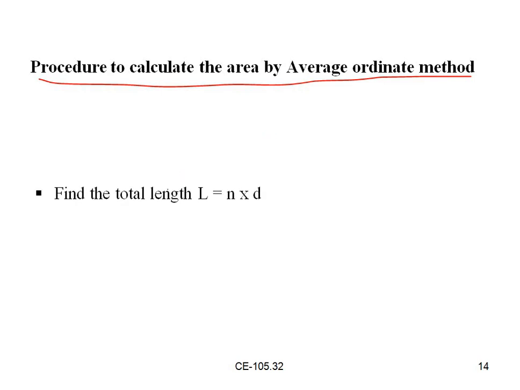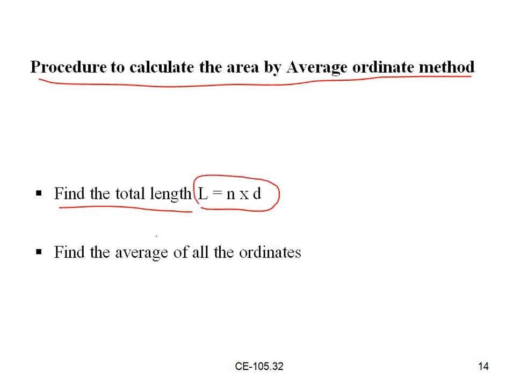So here is the procedure to calculate the area by the average ordinate method. First of all, we have to find the total length, that is L is equal to n into d, where n is the number of divisions and d is the distance between the ordinates. Then next, find the average of all the ordinates.